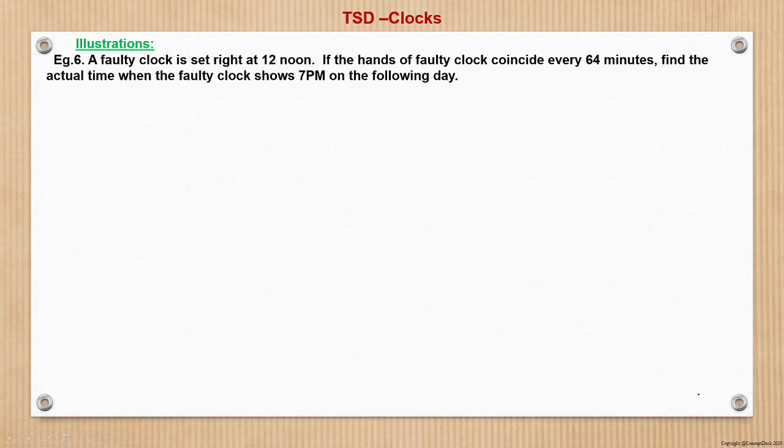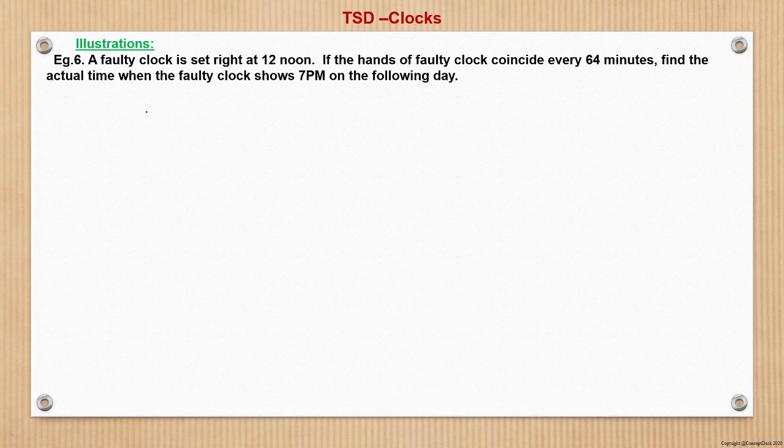Now moving to the next question: a faulty clock is set right at 12 noon. If the hands of the faulty clock coincide every 64 minutes, find the actual time when the faulty clock shows 7 p.m. on the following day. Now see, here it is given that there are two clocks.